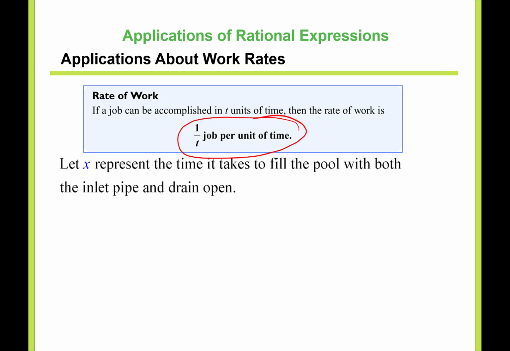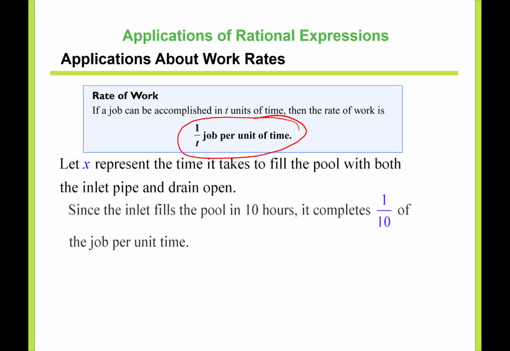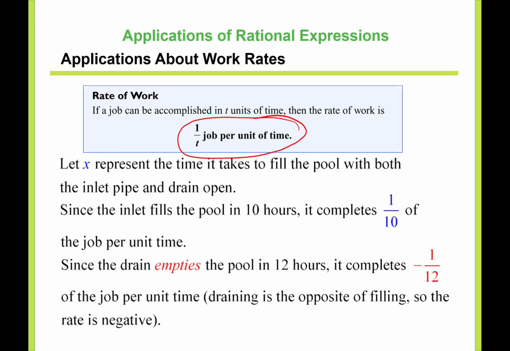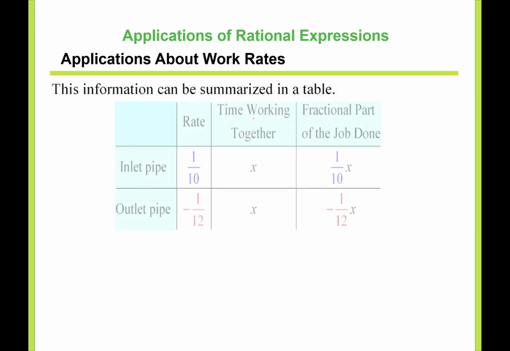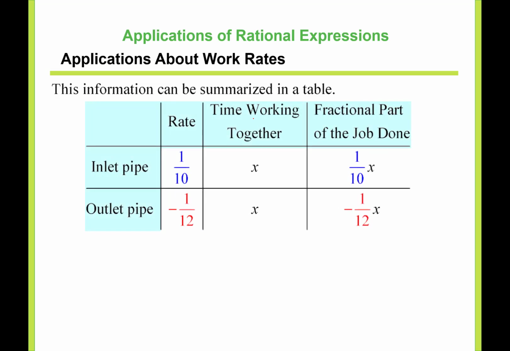So let X represent the time it takes to fill the pool. Obviously, it's going to be 1 over 10, and to empty the pool is going to be negative 1 over 12. Now, looking at that real quick, the time they take to work together is normally going to be the unknown. So I'm multiplying the rate by X, that is my time. This is the unit of time that they're working together, which is the same amount of time to complete that specific job.